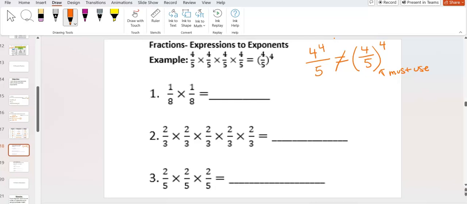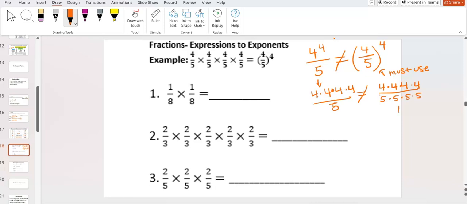And here is why, because this first problem is really 4 times 4 times 4 times 4 over 5, whereas the second problem is 4 times 4 times 4 times 4 over 5 times 5 times 5 times 5.